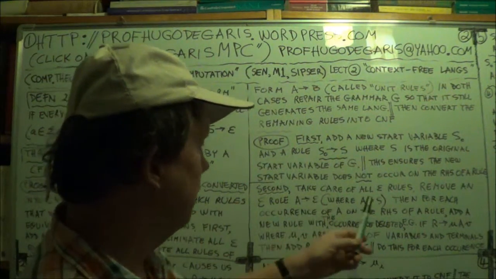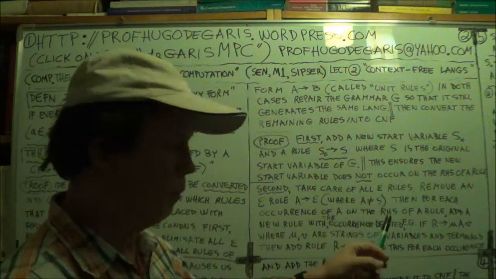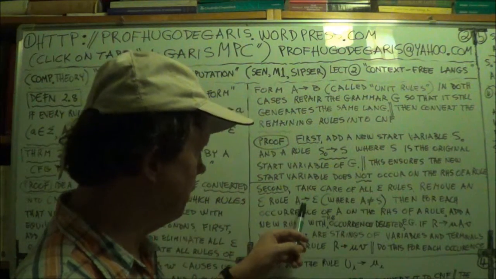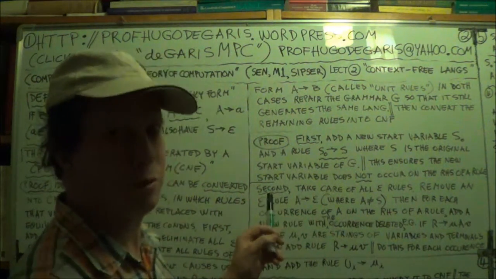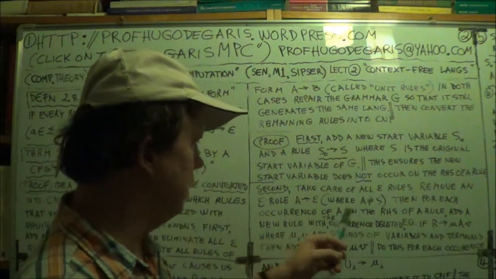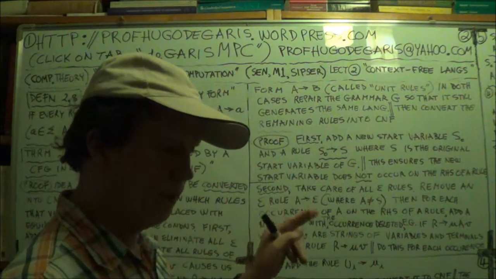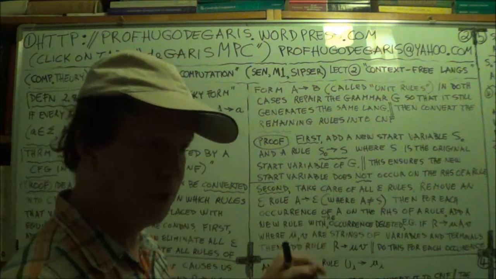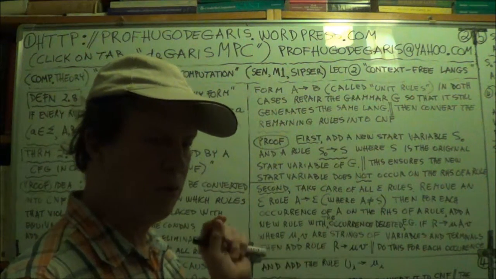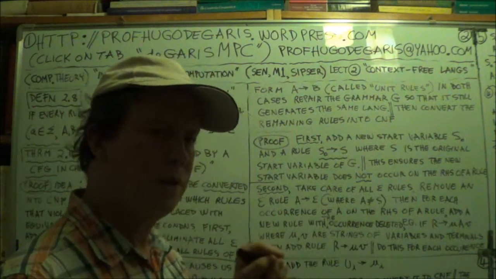Now you throw this out. For each time, you look at the rules in G, your old grammar, at the right hand side of them, and if you see an occurrence of A, where A is on the left hand side of an epsilon type rule, then each time that A occurs, you write out a new rule and you throw out the symbol A in that rule.